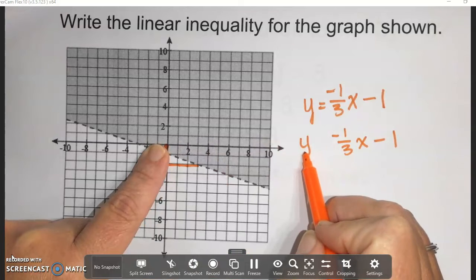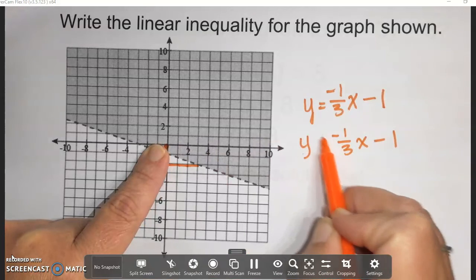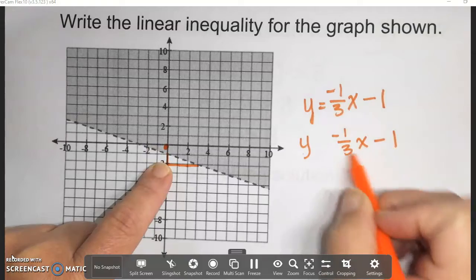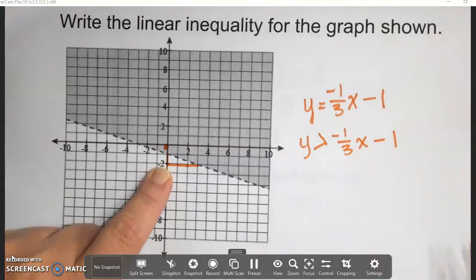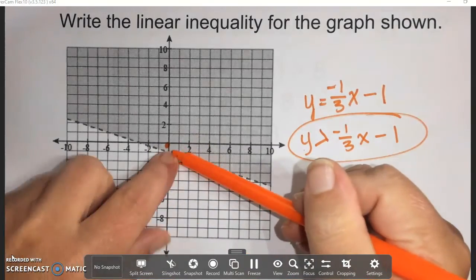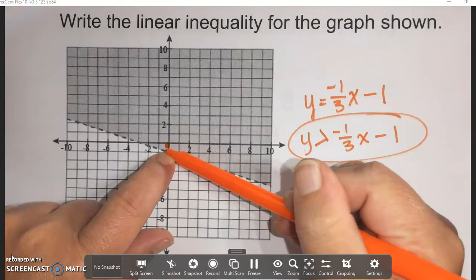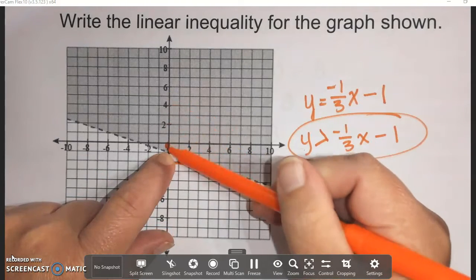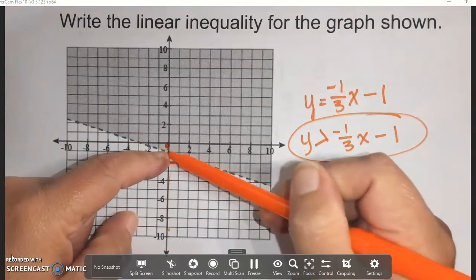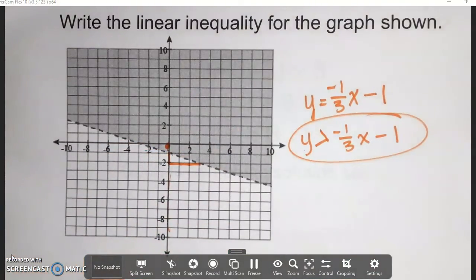So is 0 less than or greater than -1? It's greater than. So when I do this, I think of, okay, here's my boundary point. What is shaded? The ones that are greater than this point or less than this point? Greater than. So that's where I get that from.